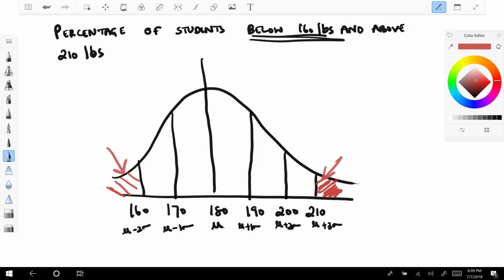So if you see, this is 160. So if you see this, mu minus 2 sigma to mu plus 2 sigma is 95%.